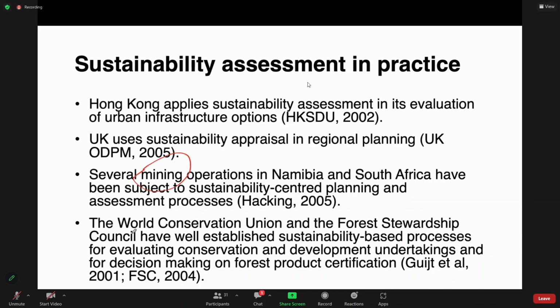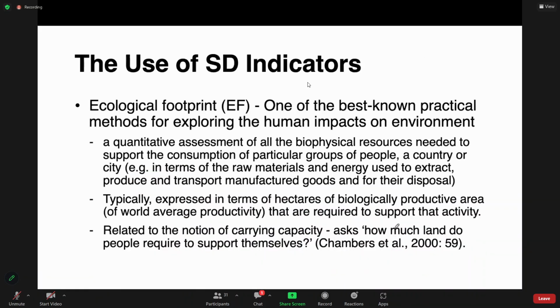And then with the World Conservation Union and the Forest Stewardship Council, they have put in place certain sustainability-based processes relevant to forest management and how you certify forest products, timber products, and things like that. So those are actual examples of these things being used in practice.